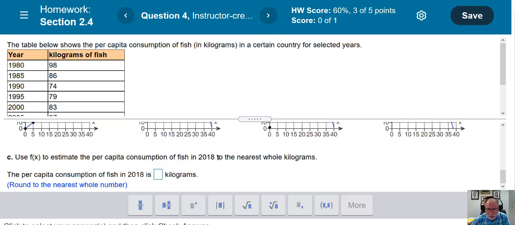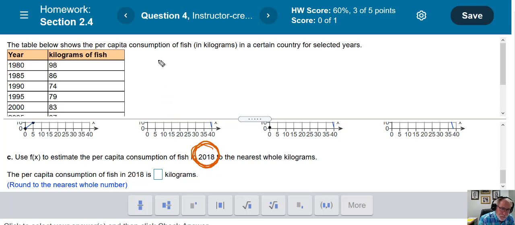The final question is asking us to use our answer from the first part to determine the fish consumption in 2018. Now, the only thing I need to spend brain power on for this one, and then I'll turn it over to the calculator, is to figure out what 2018 means in light of my equation.